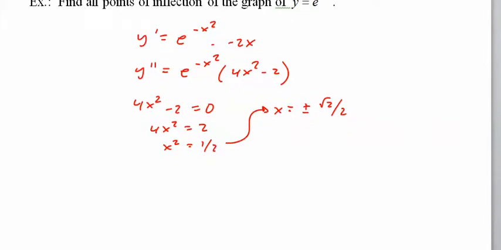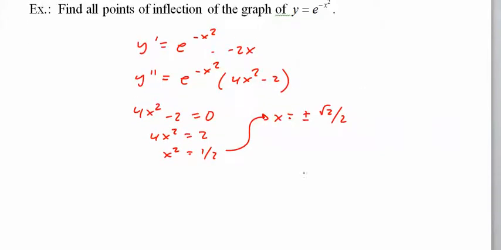Number line it. Negative root 2 over 2, root 2 over 2. The derivative does one thing. The second derivative does something else.